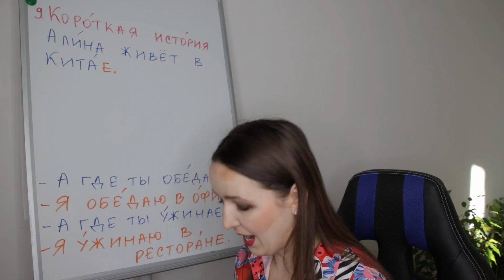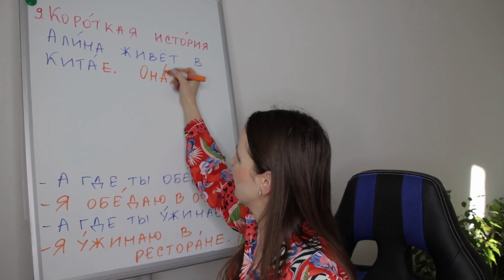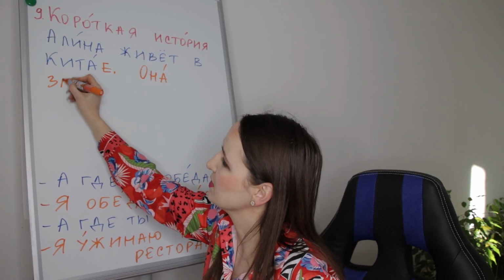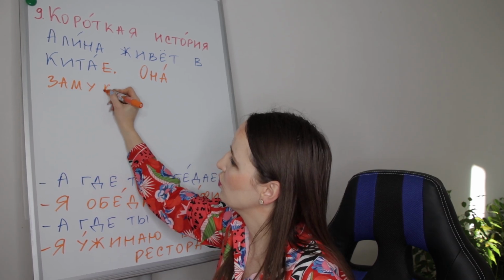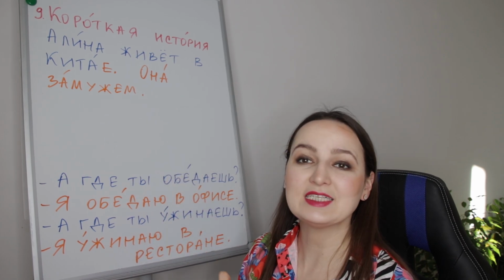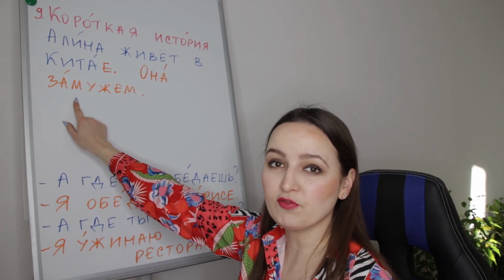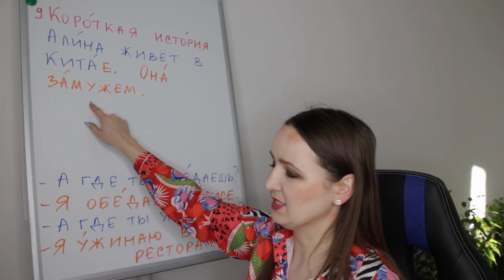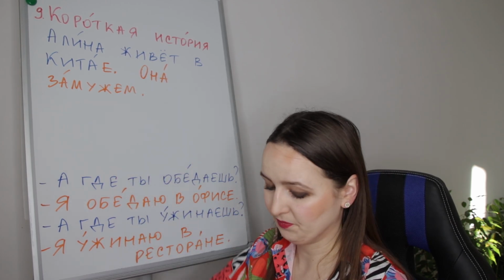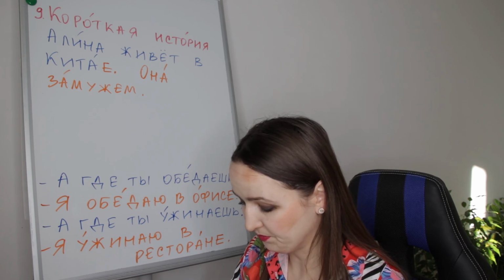Хорошо. Она замужем. She is married. Замужем is only for a woman.